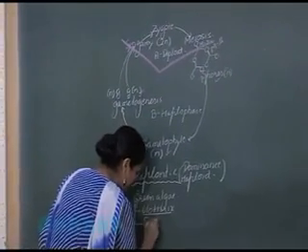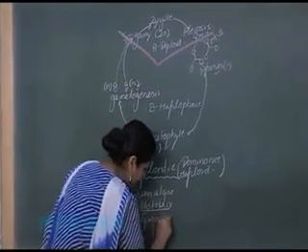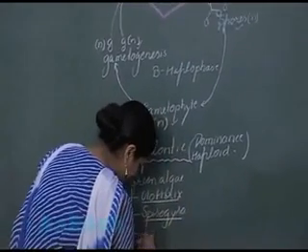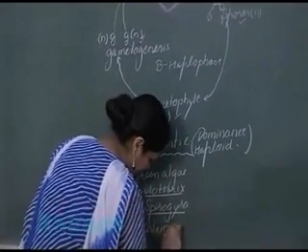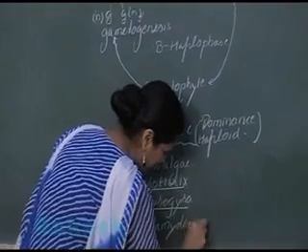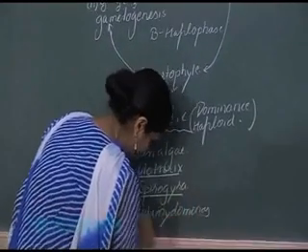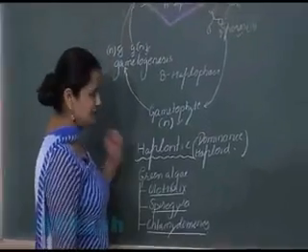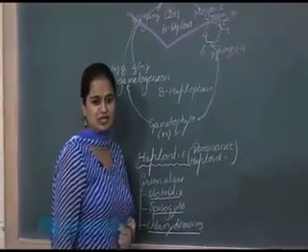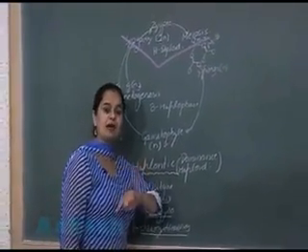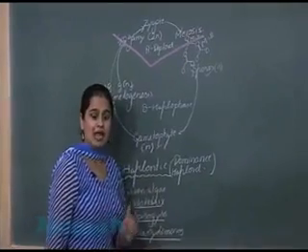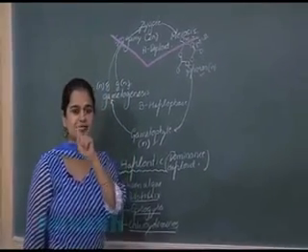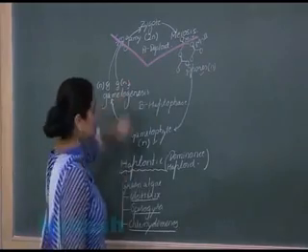Then Spirogyra. This is summer alga, then Chlamydomonas, unicellular motile alga. Right? So haplontic life cycle का main feature क्या है? That is the haploid phase is dominant and the diploid phase is represented by only one cell. What is that cell? That is zygote.